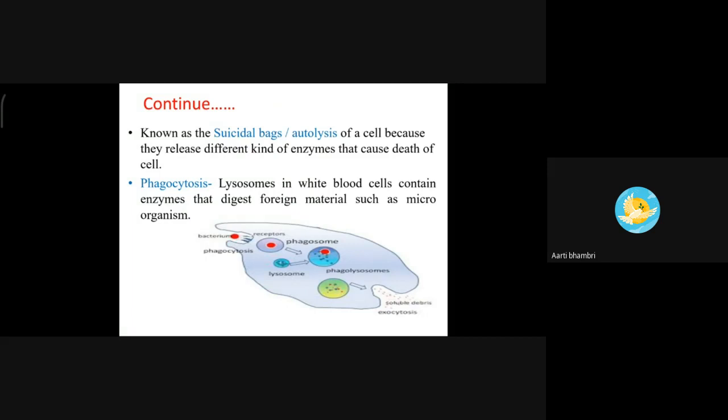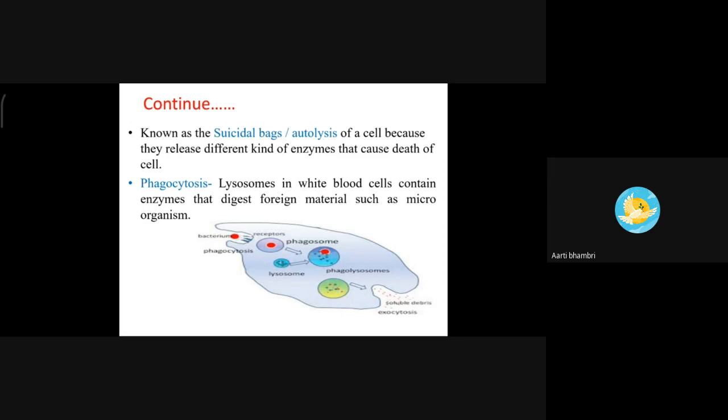It's mentioned here, known as the suicidal bag or autolysis of cell, because they release different kinds of enzymes that cause death of the cell. It releases some special kind of enzymes that may also cause death of the cell.